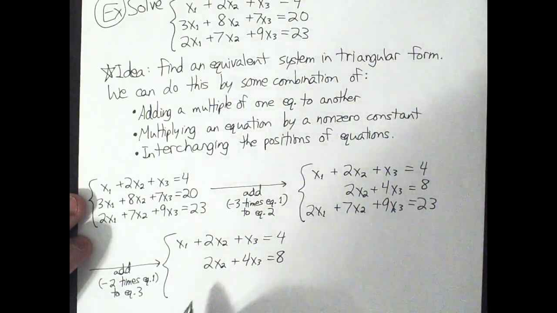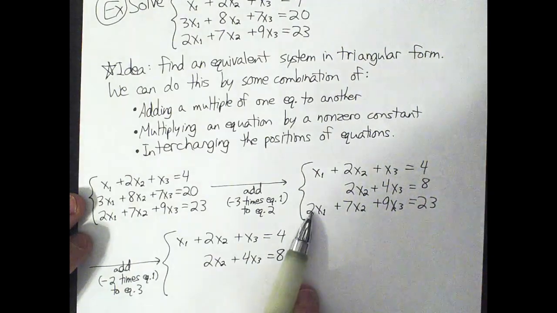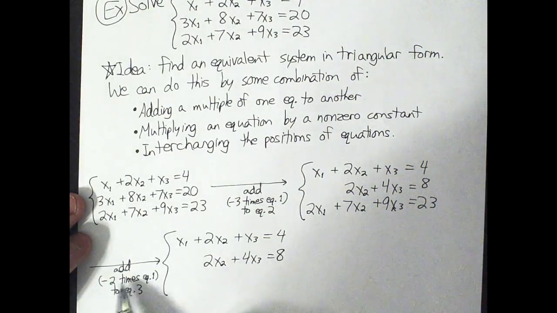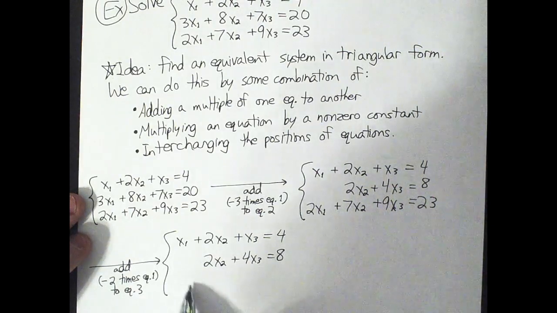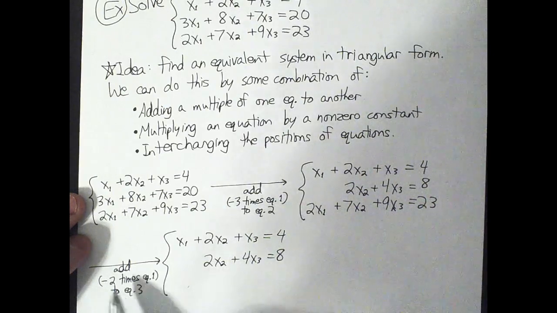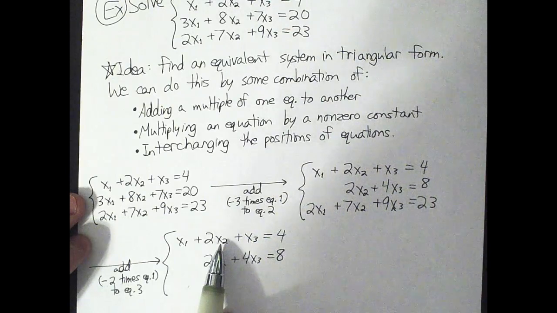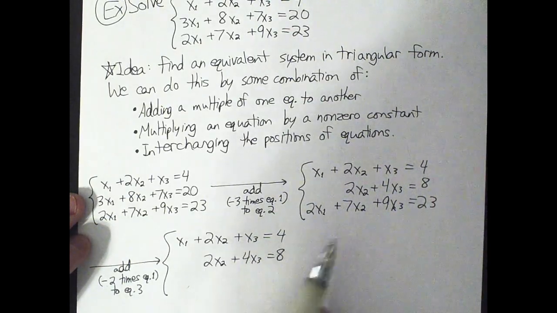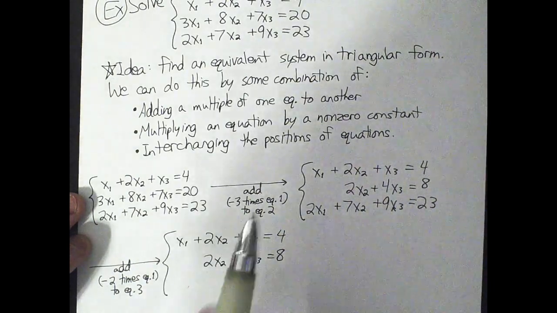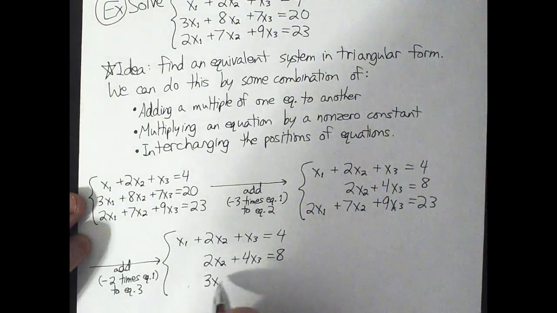But equation 3, let's see, that's the whole point of this. -2 times x1 added to 2x1 is 0. So this lower left spot is just a 0. Moving on, -2 times 2x2 is -4x2 getting added to 7x2, so 3x2.